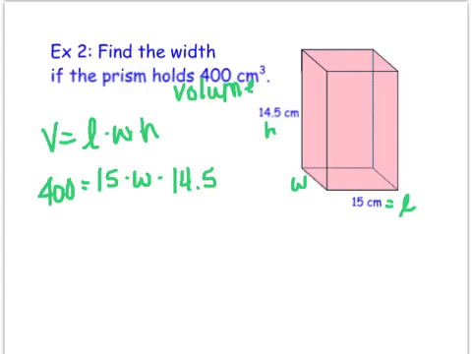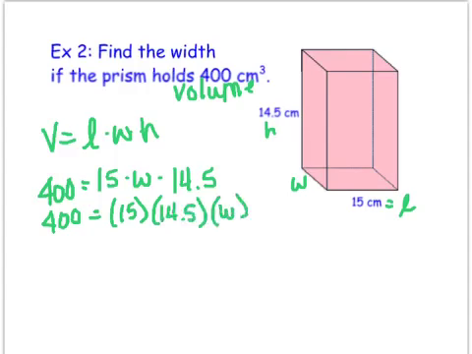So I'm going to rewrite it: 400 equals 15 times 14.5 times my W. That just looks a little easier to me. When I do 15 times 14.5, I get 217.5, and when I multiply a number by a variable, I can just stick it right there.